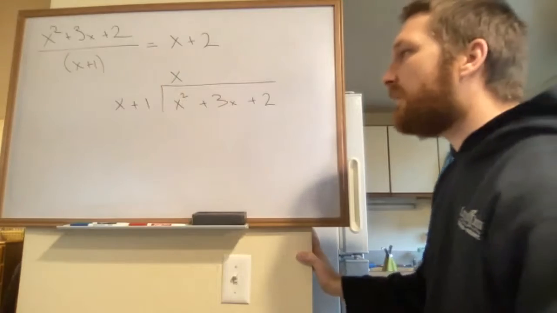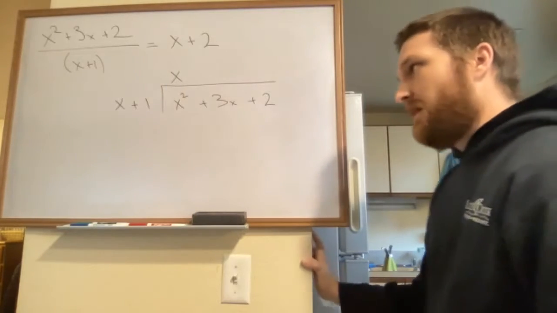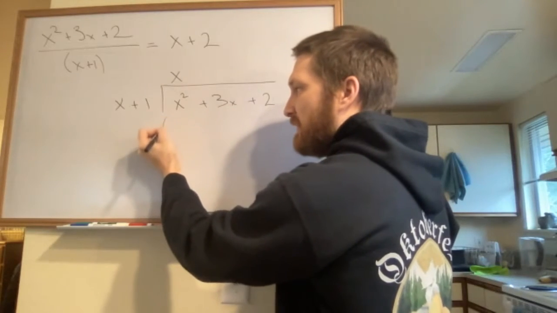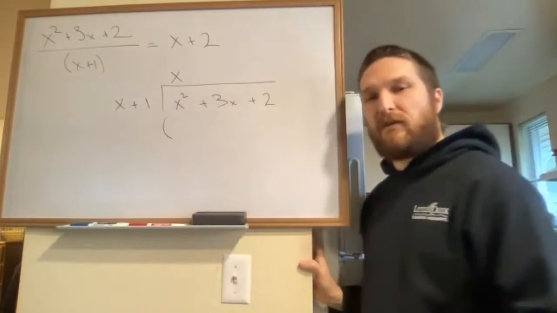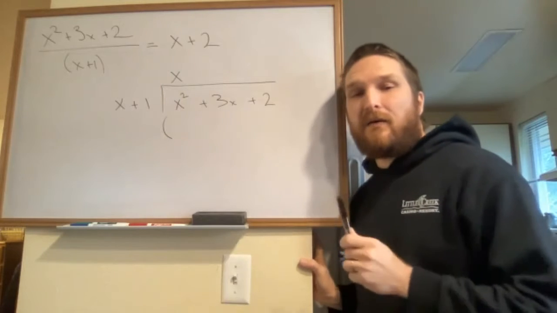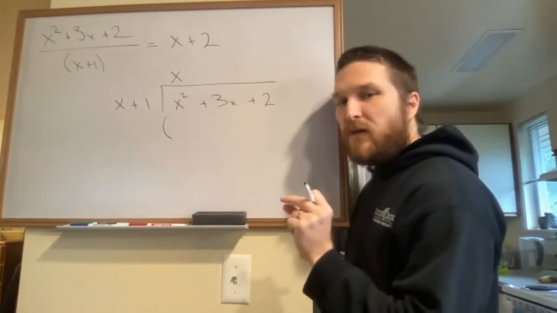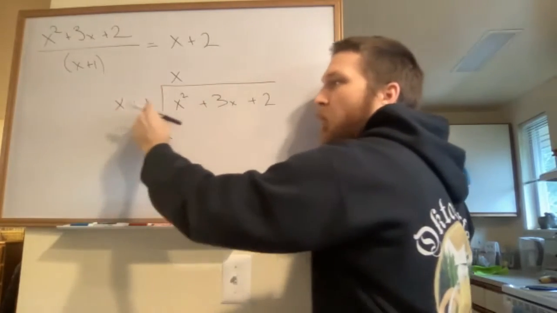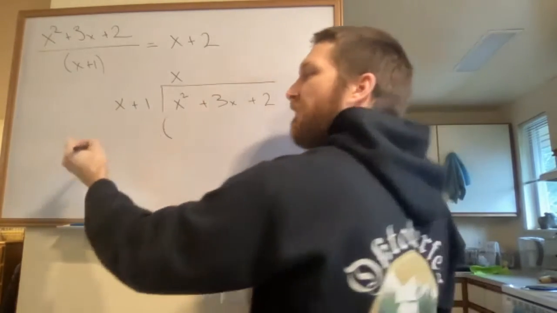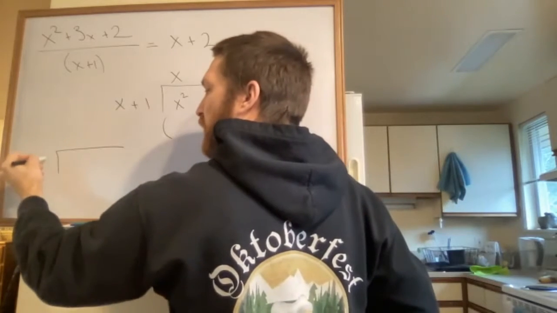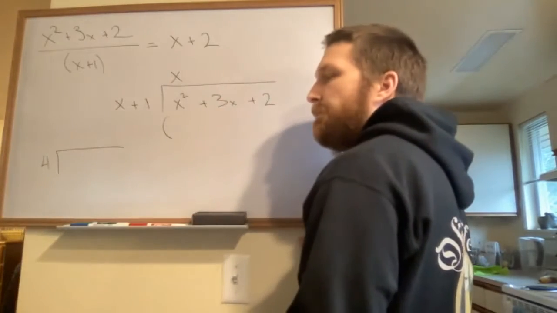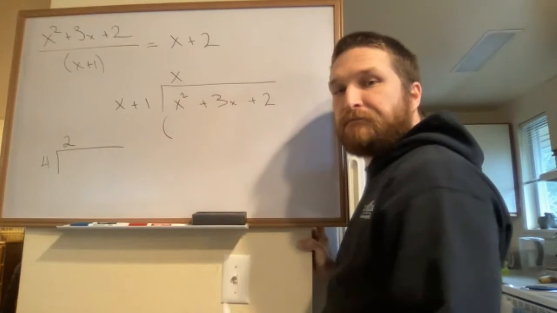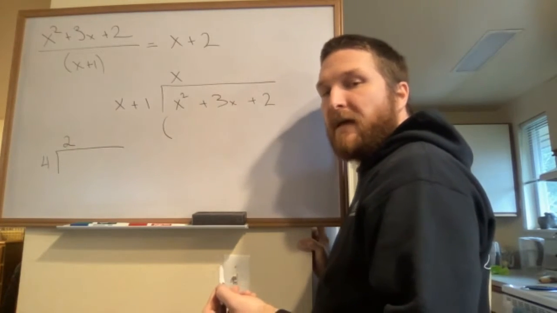Now, this is where it gets tricky. And I'm going to say my first step, what I like to do is write my parentheses just under it like this, because I don't want to forget about my parentheses. Now, it was easy when we had one number on top and we were multiplying by one number over here, right? Like when we did this with 4 earlier, it was written as just one number. And so when we put our 2 right here, we had to multiply by 4, right? And that gave us 8.